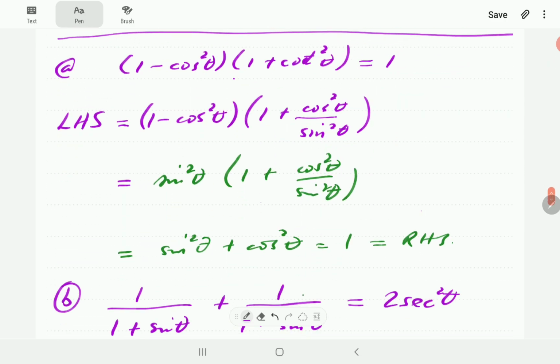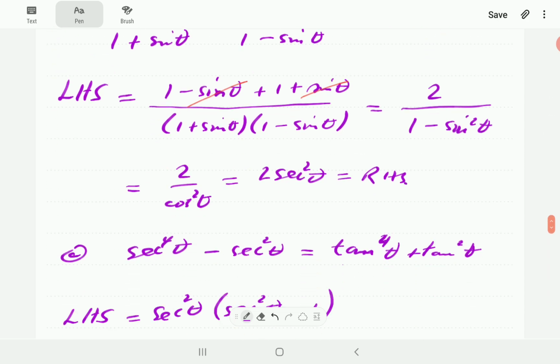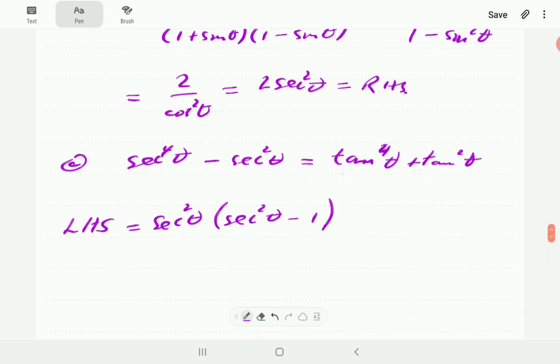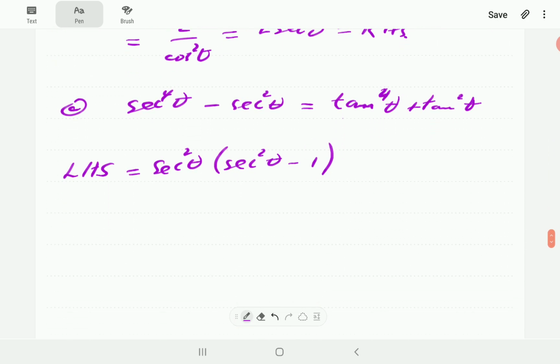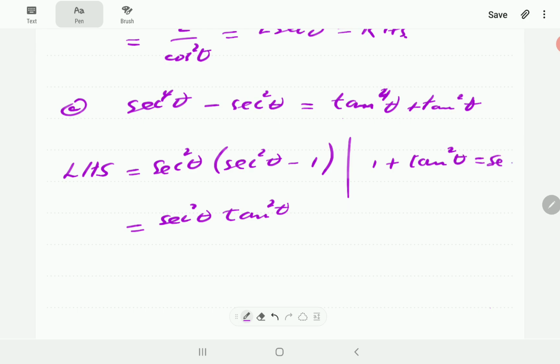So secant squared theta minus 1 is tangent squared. So we can write this as secant squared theta times tangent squared.